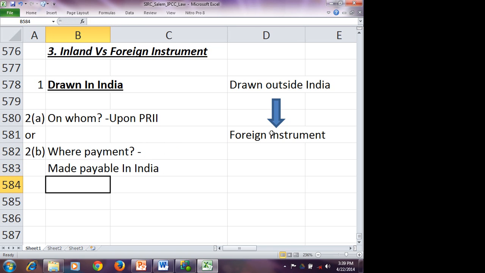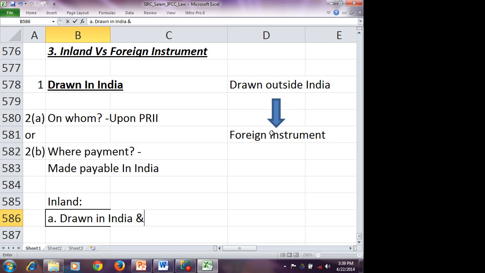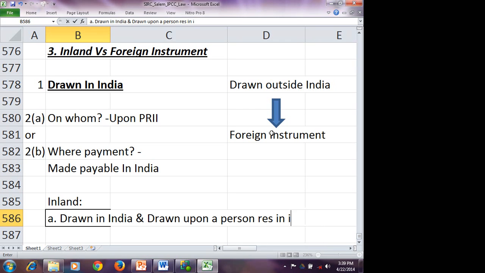So an instrument can become inland, combining these two, under the following two rules. Rule 1, drawn in India and drawn upon a person who is a resident in India.